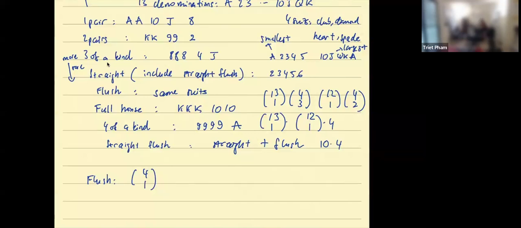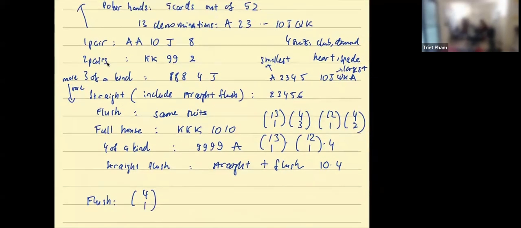But once you have the suit, that suit has 13 denominations, so you choose 5 of them for your cards. Any question?